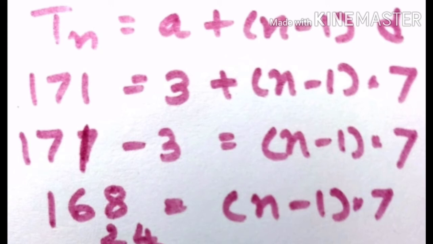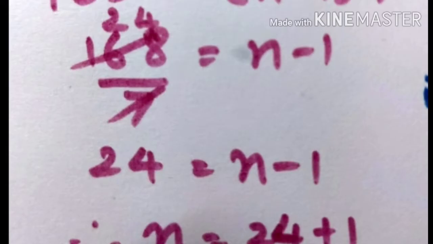So place all the values which we found earlier. So 171 minus 3 is equal to n minus 1 into 7. Now 171 minus 3 is equal to 168, is equal to n minus 1 into 7. To get the n minus 1 value, we have to divide 168 by 7. So here we divide 168 upon 7 is equal to n minus 1.